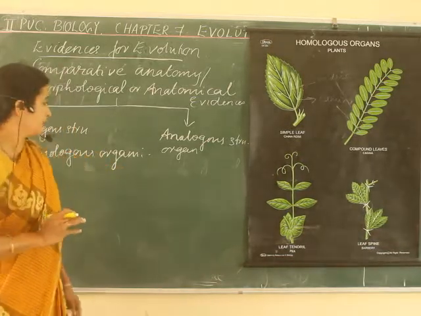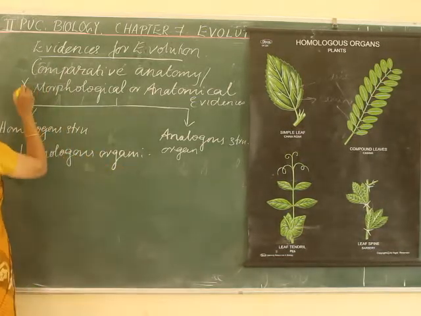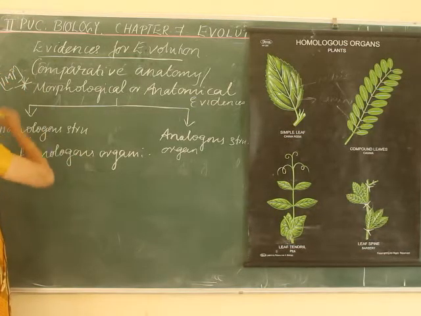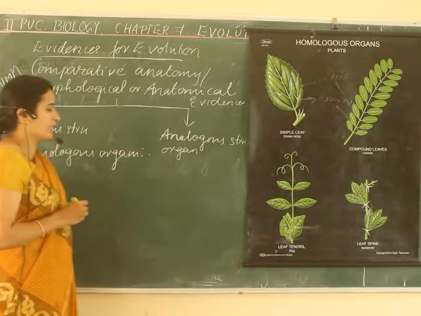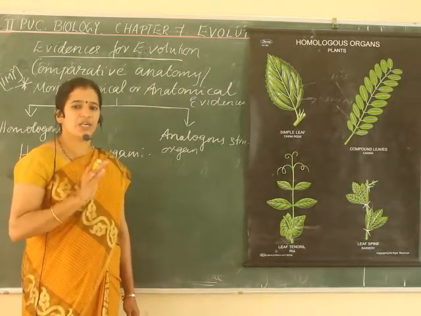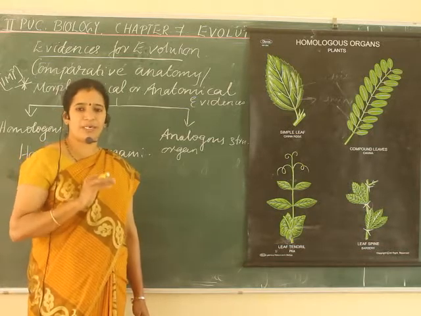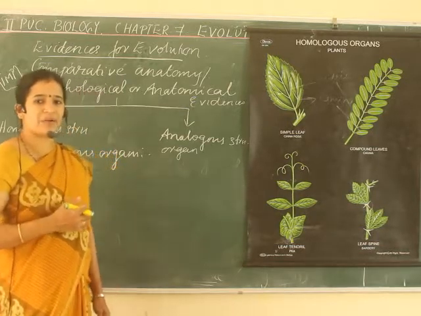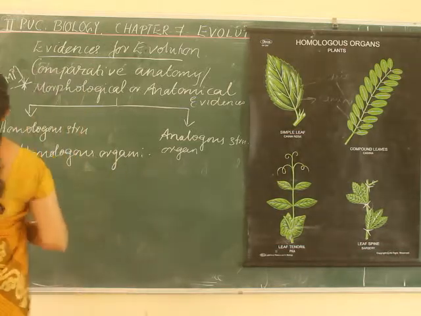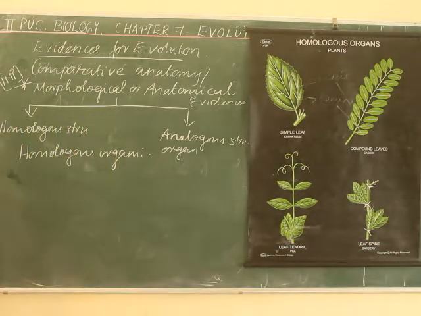Morphological and anatomical evidence is important, and you have to study it for the practical also, so study it thoroughly now. It is easy, you just need to compare and study, and find the difference between them, so there is no chance of confusion or overlapping between the concepts.